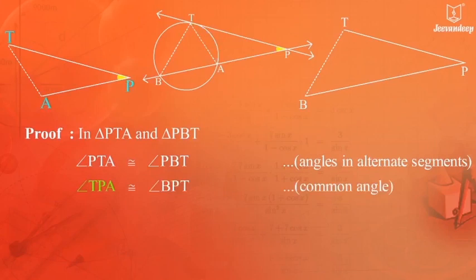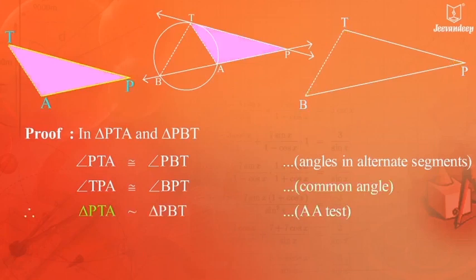Angle TPA is congruent to angle BPT, being the common angle of the two triangles. Therefore, according to the AA test, triangle PTA is similar to triangle PBT.